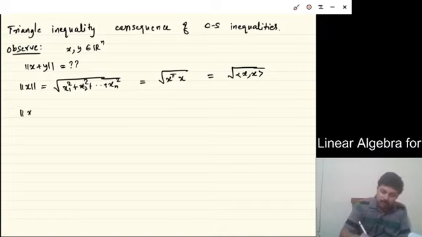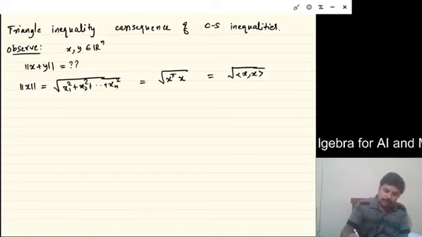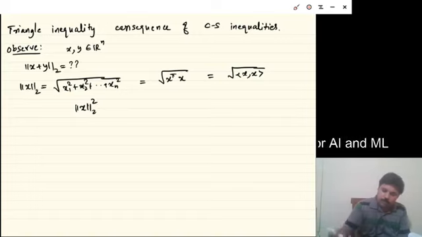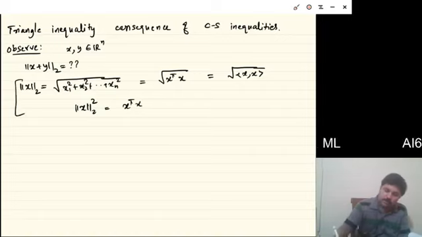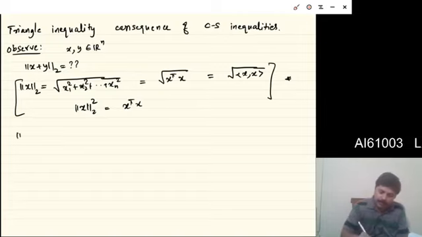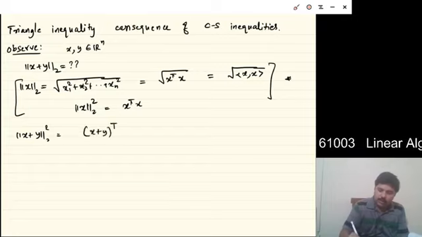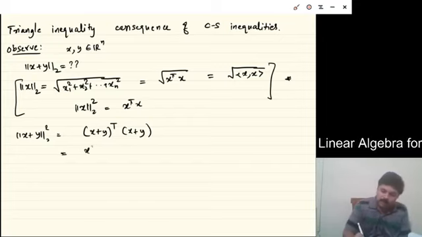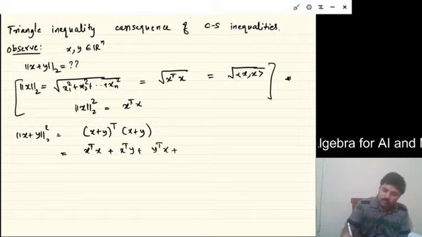I am only looking at the 2 norm. So this 2 norm squared is basically x transpose x, right? This is something important that you observe by definition, and then I can write the 2 norm of x plus y, squared, as x plus y transpose x plus y. Then I can expand this as x transpose x plus x transpose y plus y transpose x plus y transpose y.